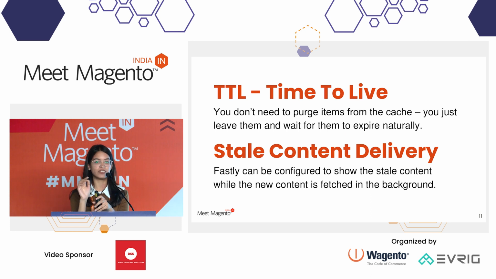Instead, it will save the data as stale content, and it will be delivered to the users when there are errors on the website, or the data is being fetched from the origin server. In such cases, there should be no cache miss. So we can use a soft purge, and the stale content will be delivered to users. So Fastly is taking care of every single second here, so that there will be no performance issues.